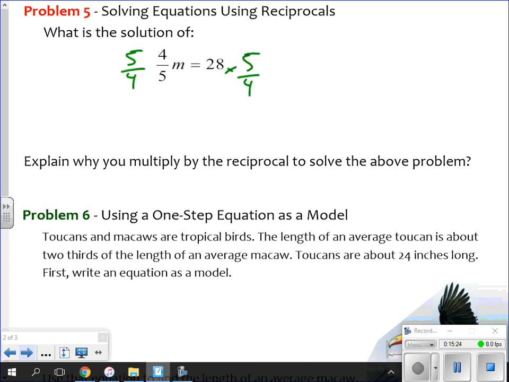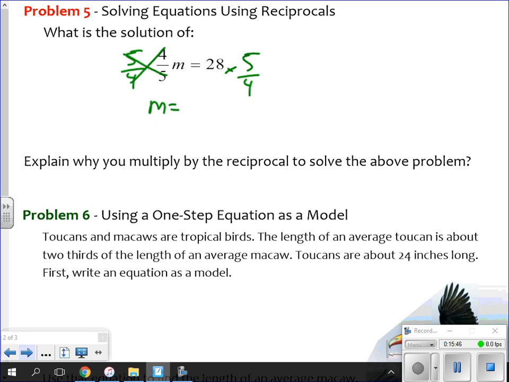Yep, you got fractions. You don't like fractions? Fine. Pull your calculator out. We showed you how to use fractions on your calculator. I'm okay with that. I don't want you to get stuck on the arithmetic. I want you to understand the algebra. The 4 and the 5 cancel each other out, and I get m.